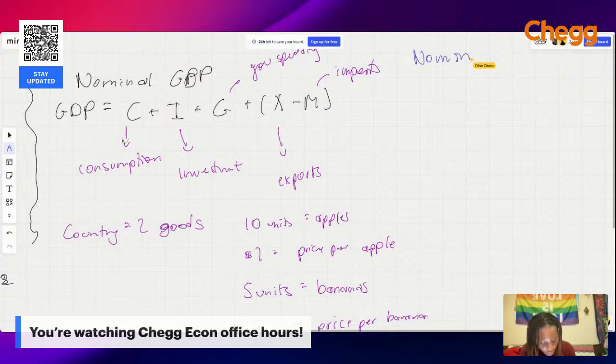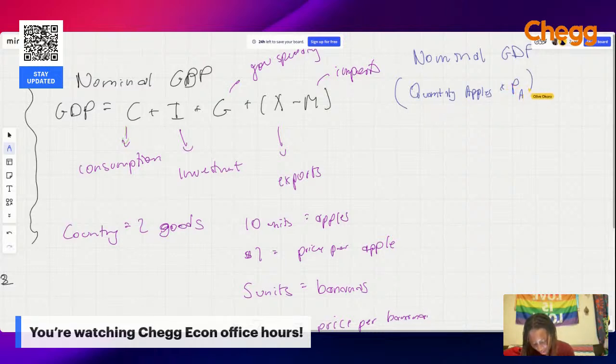Nominal GDP is defined as the quantity of apples, parentheses, times the price of apples, right? And plus the quantity of bananas times the price of bananas. Super simple equation, right? And that's going to make your nominal GDP.